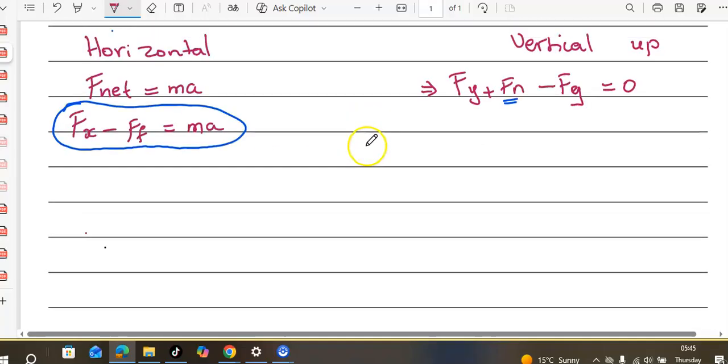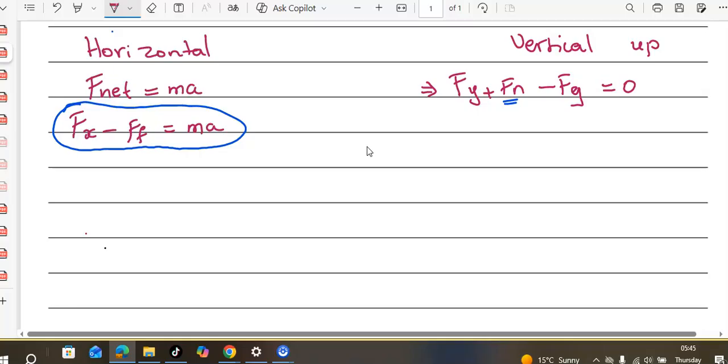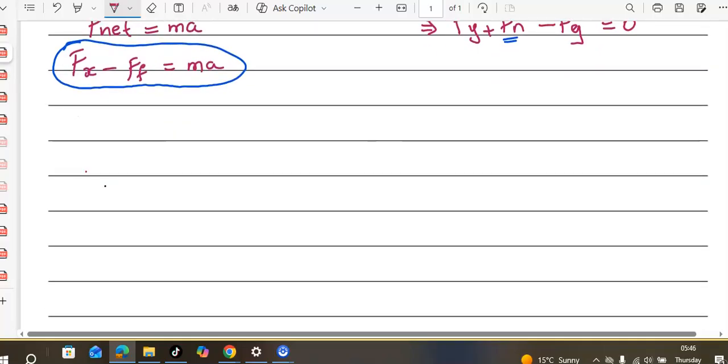So now a quick tip. If the force is pushed at an angle, okay, let me draw the force here. Here is our diagram, and it's going in that direction.